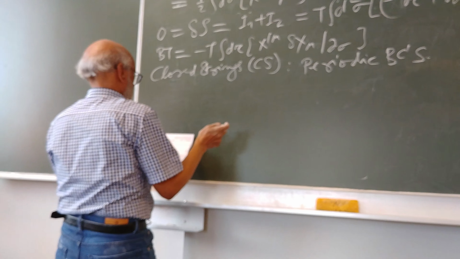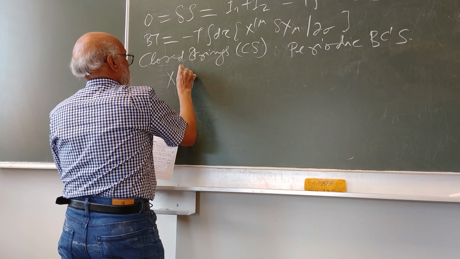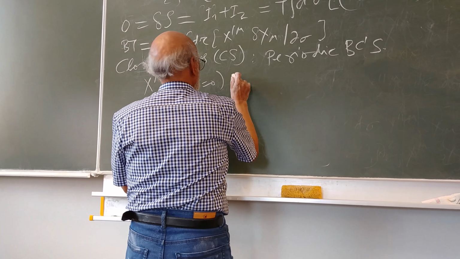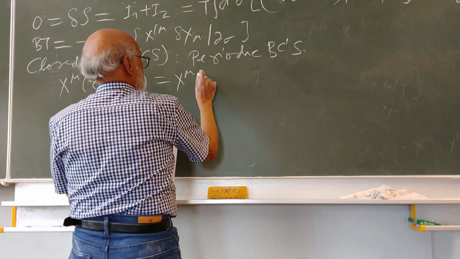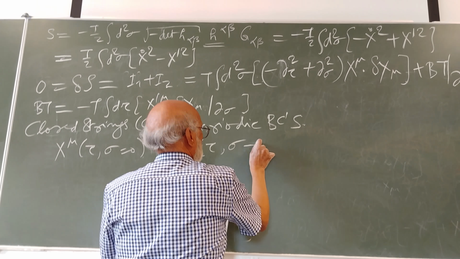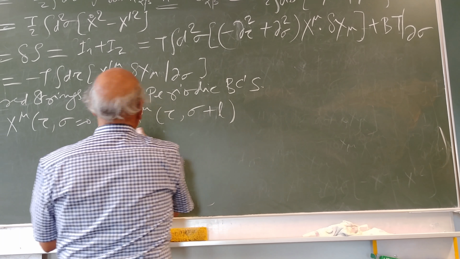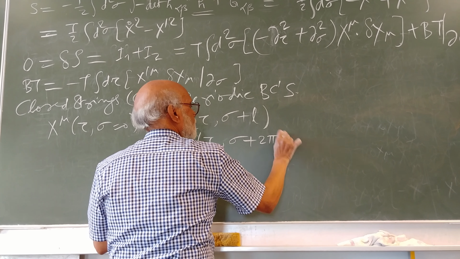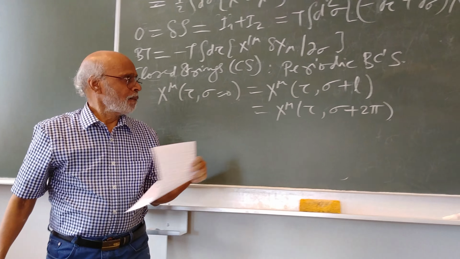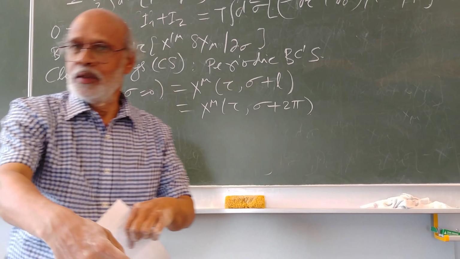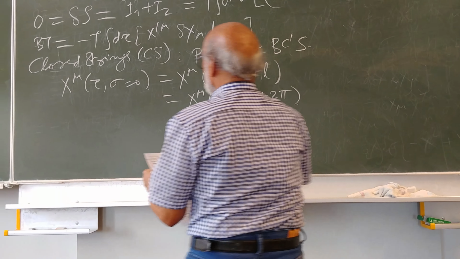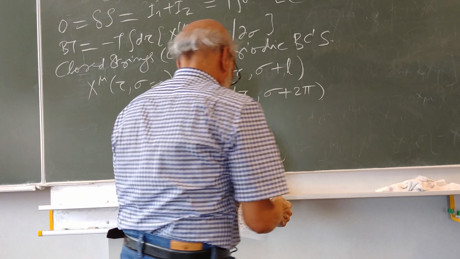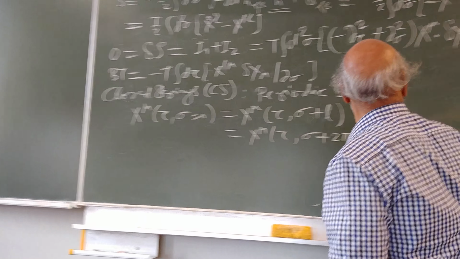Which means we would like to have x mu of tau, sigma equal to 0 equal to x mu of tau, sigma plus L, or this could also be called tau, sigma plus 2 pi for the closed string. So we say that this is equal to this.